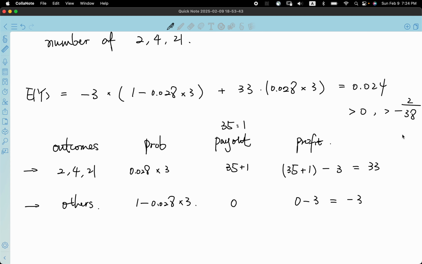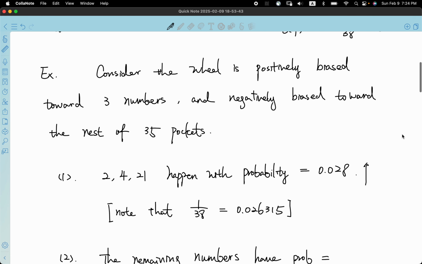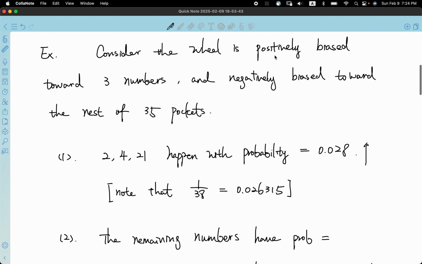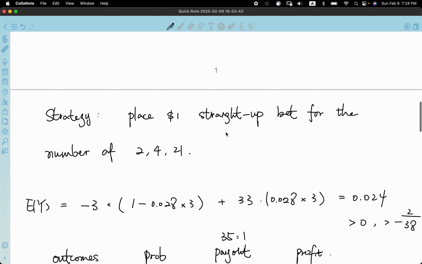So here we confirm that for a biased wheel, let's assume that we are aware of the bias, and we also apply the strategy that specifically targets these numbers, then we are able to get a positive expected return, profit.